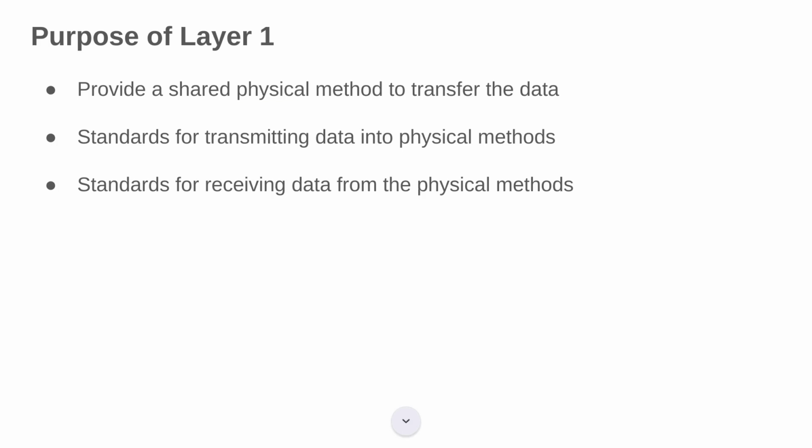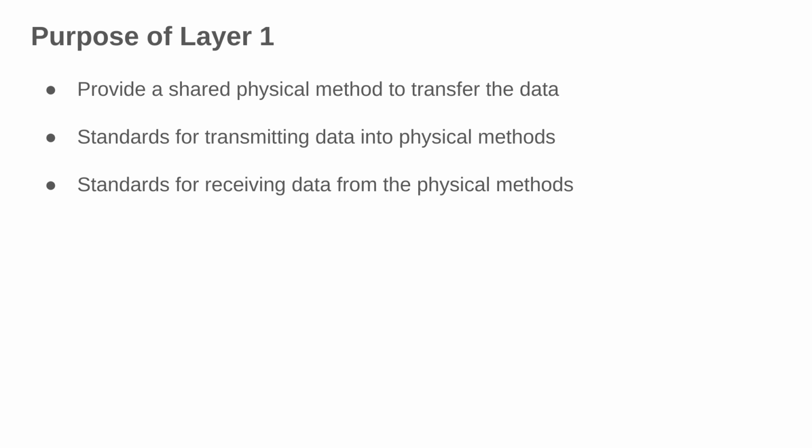Just to recap, the purpose of layer 1 is to provide a shared physical medium to transfer the data, and also to specify the standards for transmitting data into the shared physical medium, as well as the standards for how the data is going to be received from the physical medium.